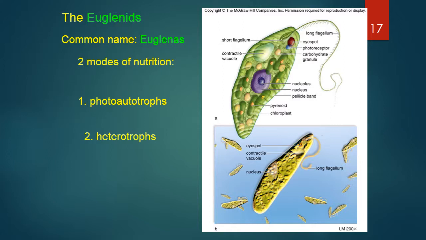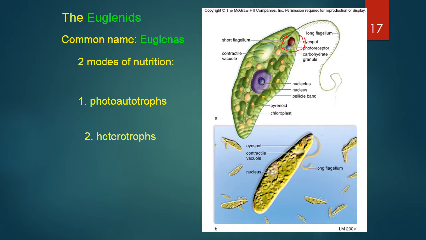Some unique features about our Euglena is they have either atypical mitochondria or no mitochondria at all sometimes. And then they have what's called a pyrenoid, where carbohydrates are stored as paramylon. So taking a look at this picture over here to the right, some features that you're going to see are the eye spot here.